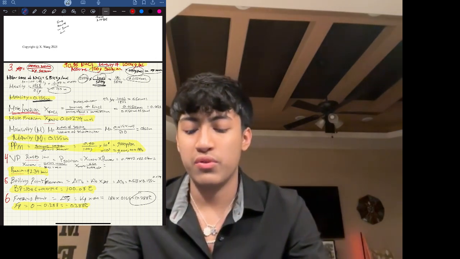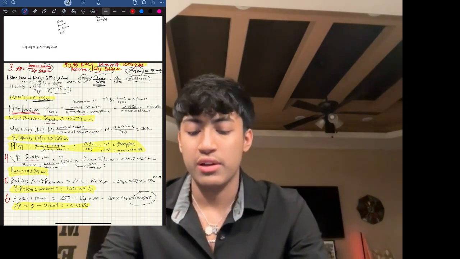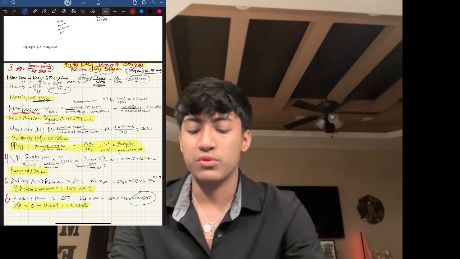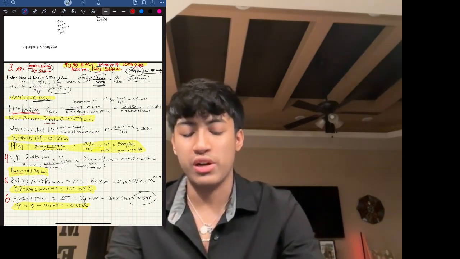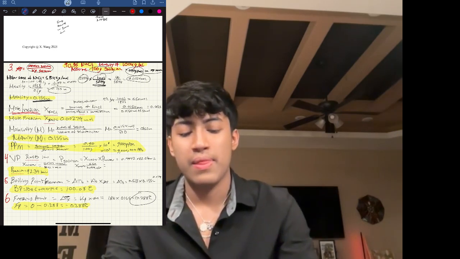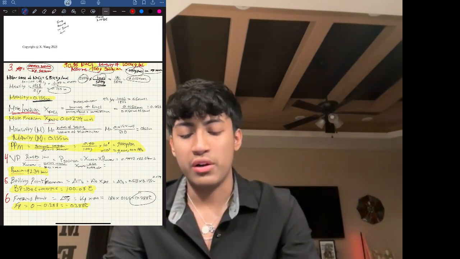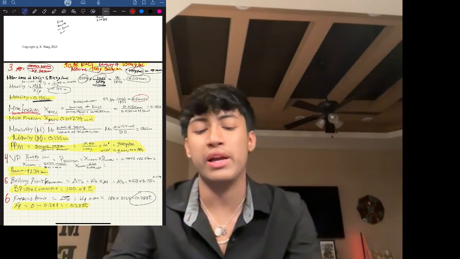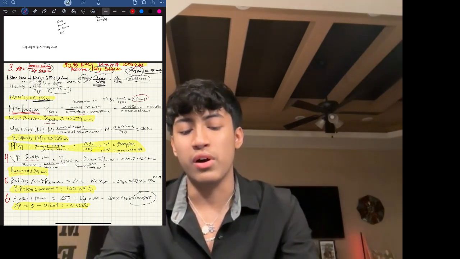Moving on, it wants us to look for the mole fraction. So as we know, the mole fraction of sodium chloride equals the moles of sodium chloride over the moles of sodium chloride plus the moles of water. So that would equal the mole, which we already have, over the mole of sodium chloride plus the mole of water.